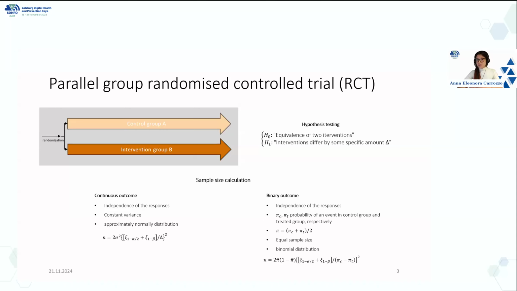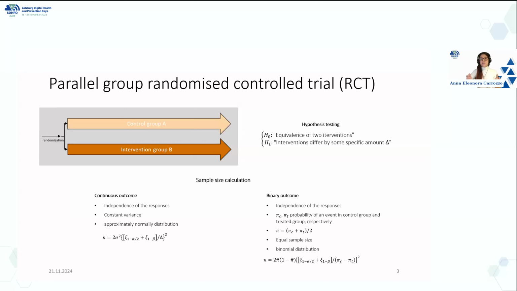So let me briefly recap what a randomized controlled trial is and how it works. Suppose we have two interventions, A and B, typically control and experimental conditions.